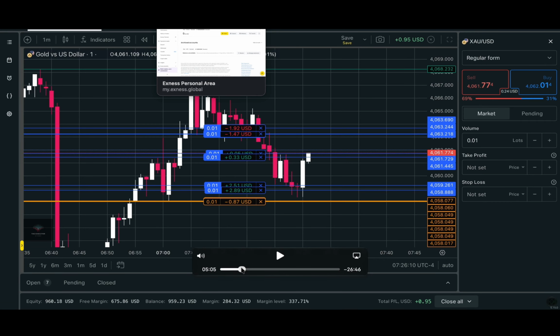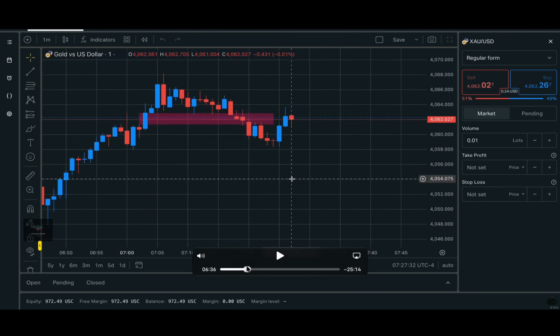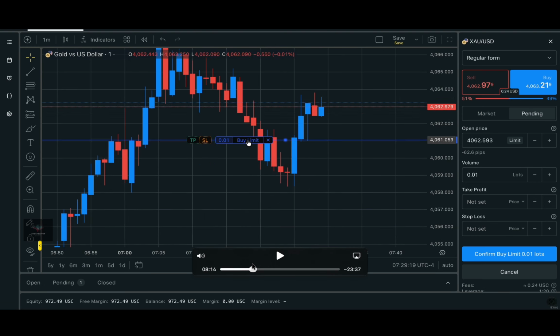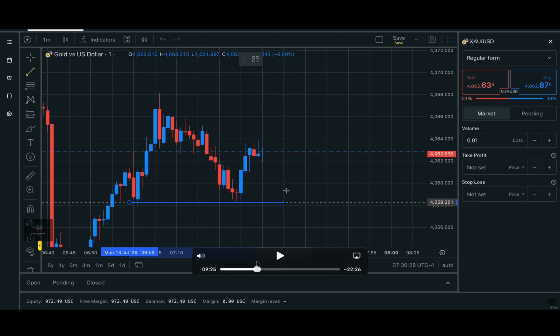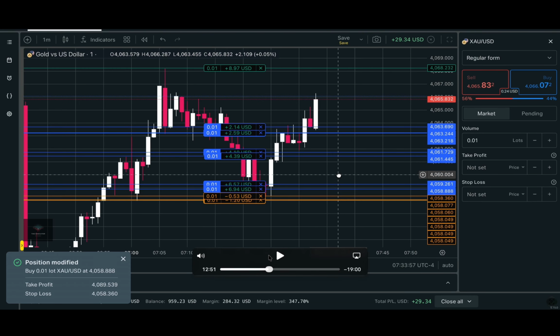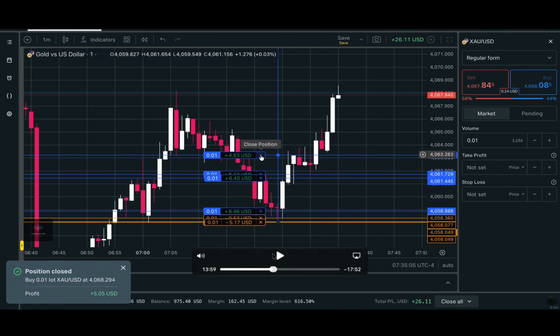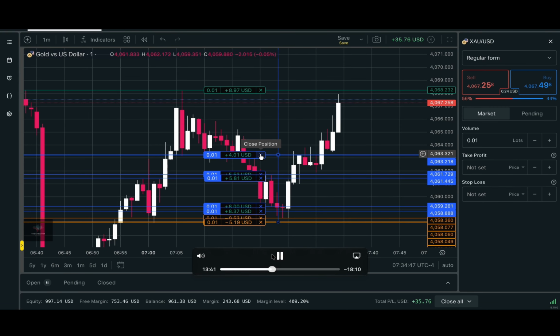Now, here you can see how it starts to go up, me managing the trade, and here you'll see there, there you will now see it go through that TP.